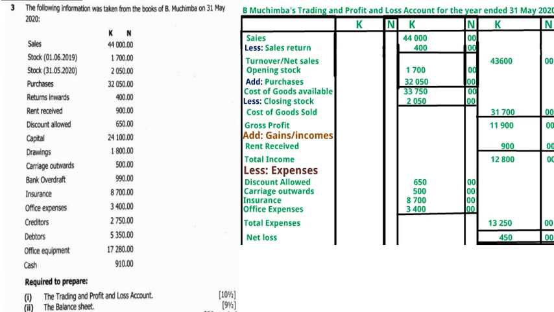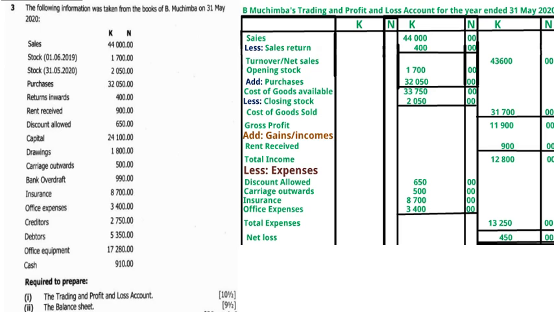Now, I want you also to take note of this 450 kwacha as the net loss, as we are going to use it when we are preparing the balance sheet. Okay, as we prepare the balance sheet, we are going to use the net loss. So please take note of it. If you have a paper, please record it on the paper as we go to prepare Mr. Muchimba's balance sheet.